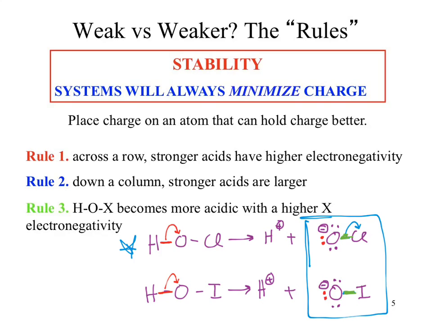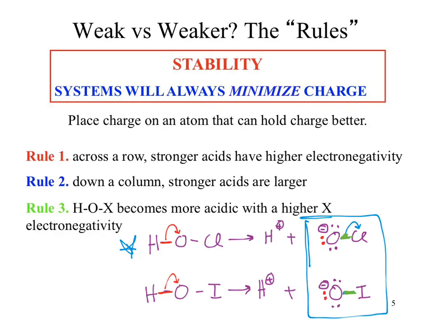If we compare, and we actually already did this comparison, HI to HCl, which one's the stronger acid? They're both strong acids. Look at the conjugate base. Where's the charge held? Chloride versus iodide. Where are they on your periodic table? They're within a column.